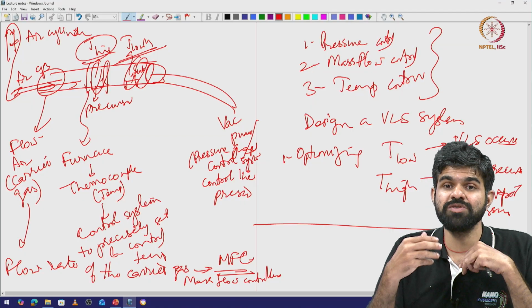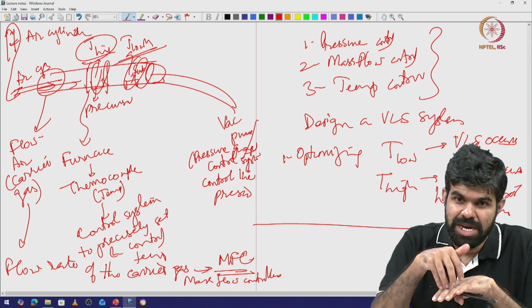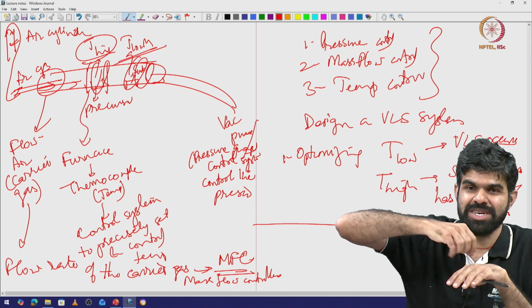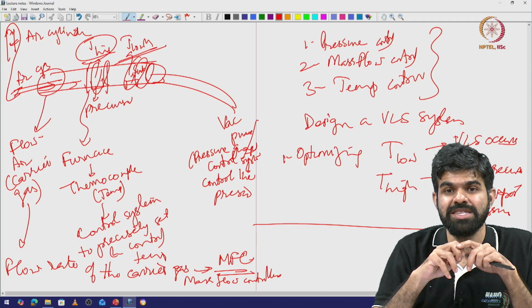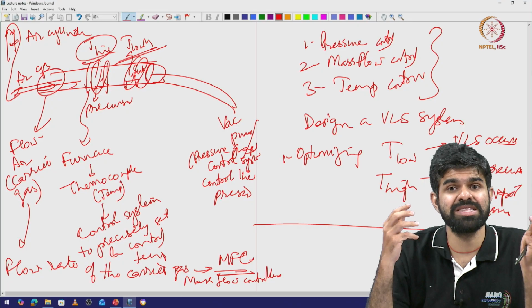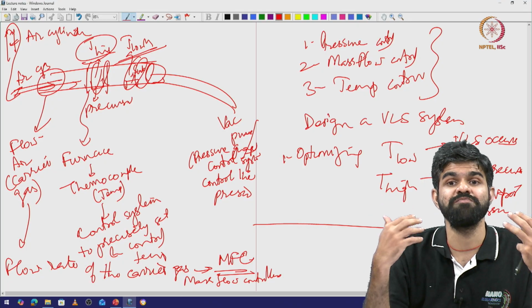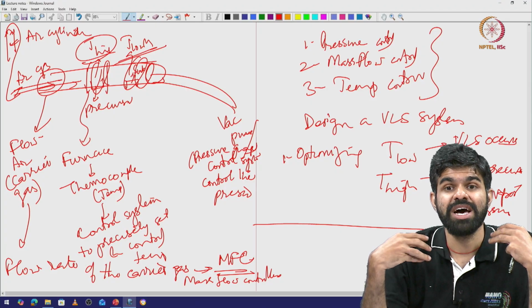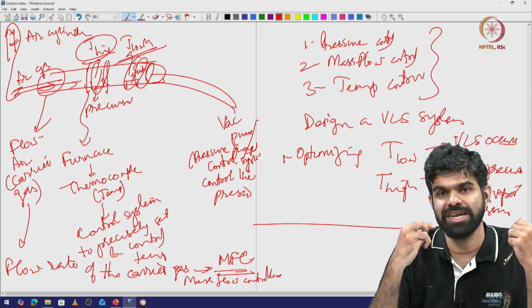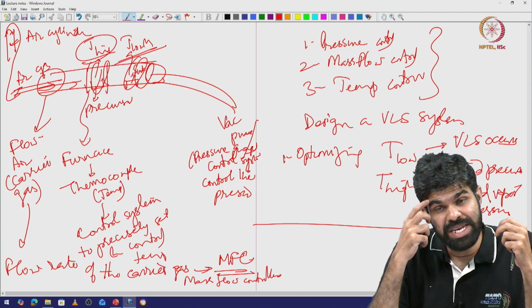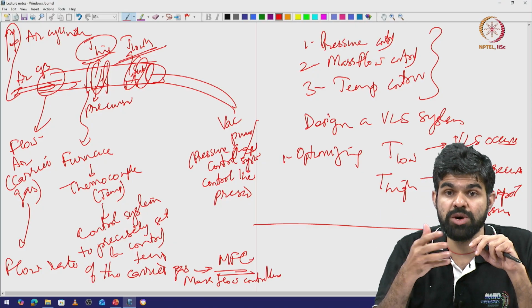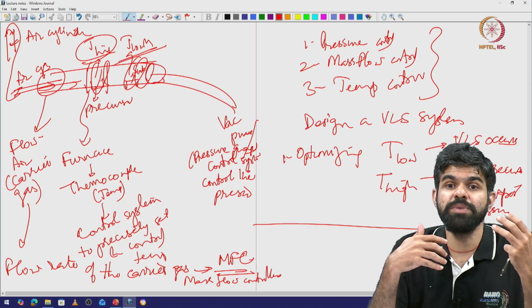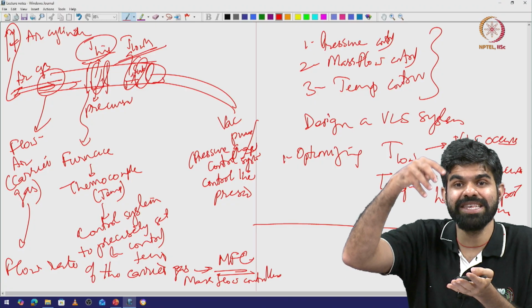And in fact, VLS was pitched as a bottom up way of making nanowires, right. So I am growing layer by layer these single crystals, right. And these are single crystals, so they should have higher mobilities and things like that, right. Initially, when VLS research started in the 2000s, people were of the opinion that maybe you have to scale this up.